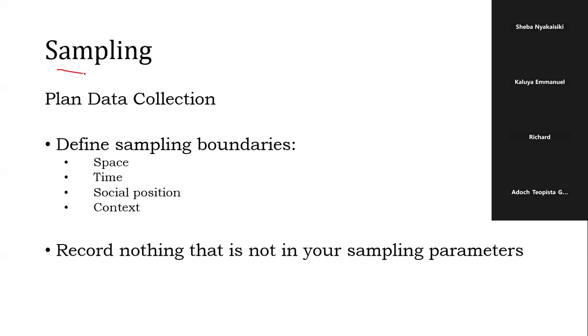Probably say, who uses the e-learning? Academic staff and the students. Who else? Then you ask who else, but those would be your units of observation and units of analysis. Record nothing that is not in your sampling parameter.